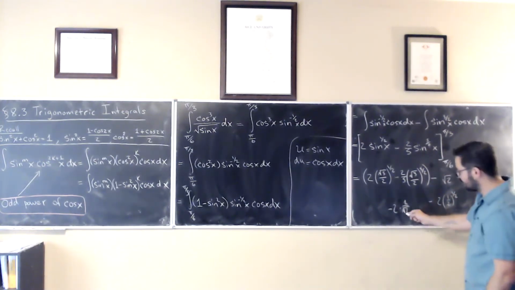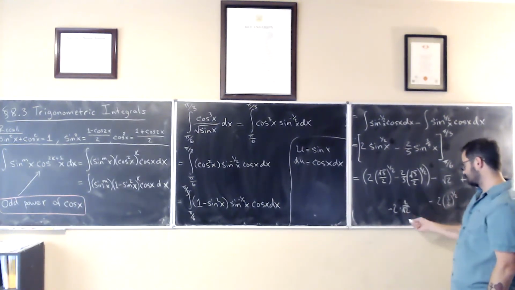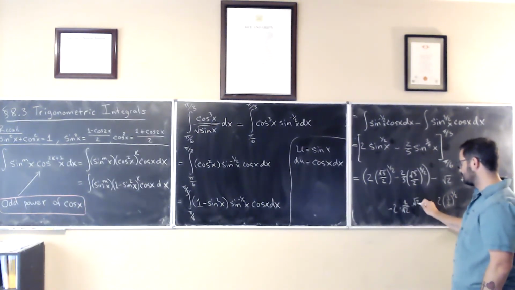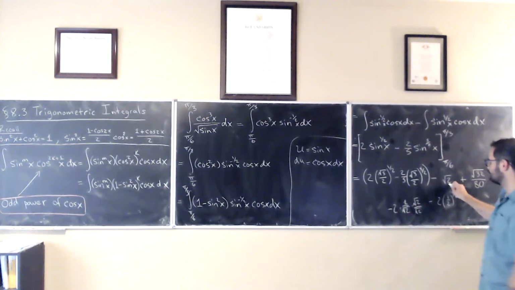And then if you rationalize that, it's negative 2 times 1 over root 2, then you get root 2 over 2 times 2, and you're left with that.